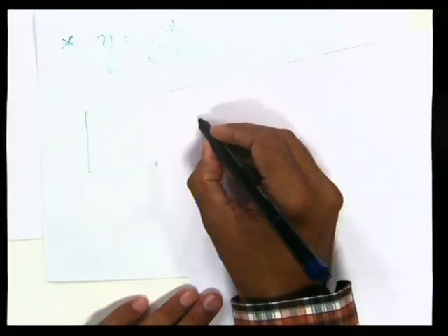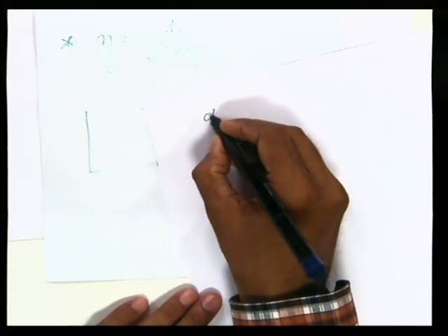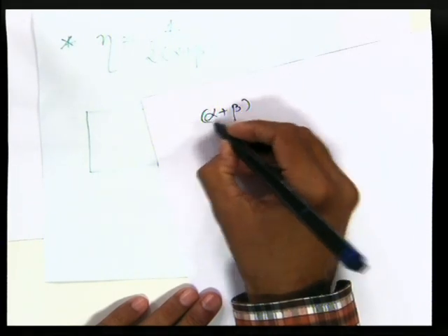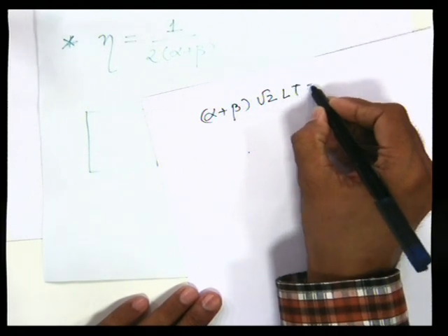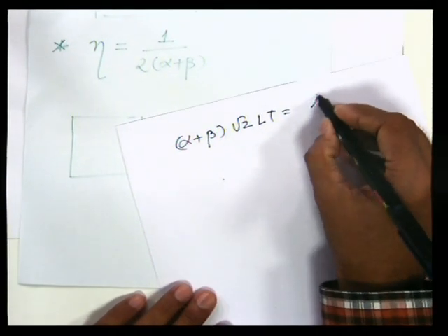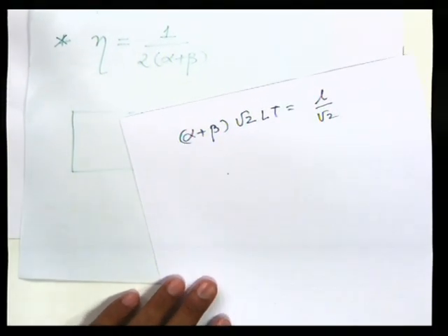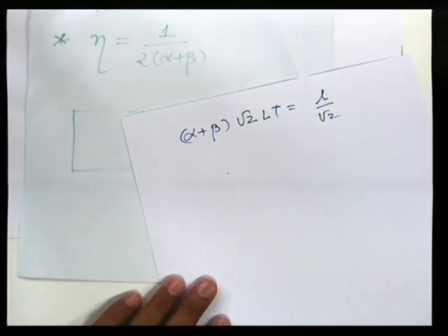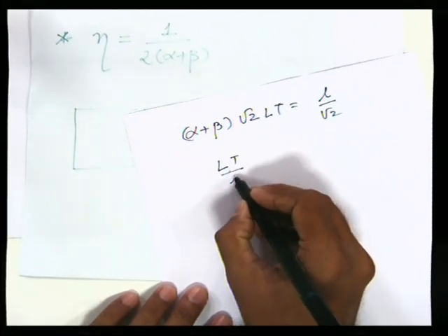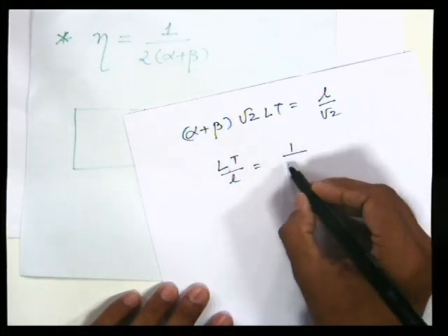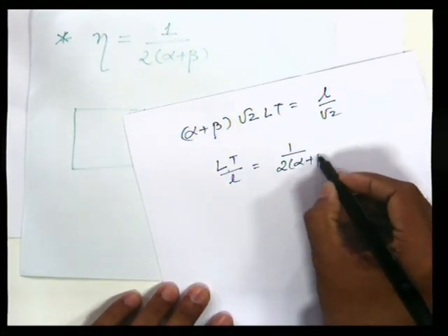Comparing equations 2 and 3, we get (alpha plus beta) into root 2 into LT is equal to L by root 2. Comparing these two equations, LT by small l equals 1 upon 2 (alpha plus beta).